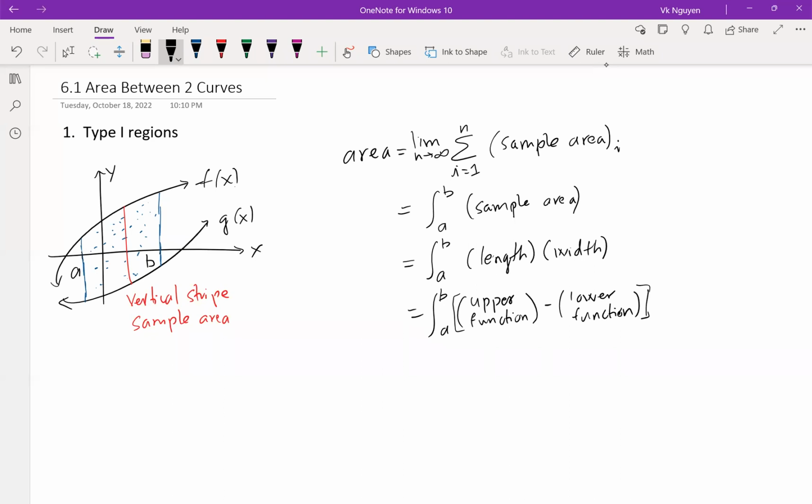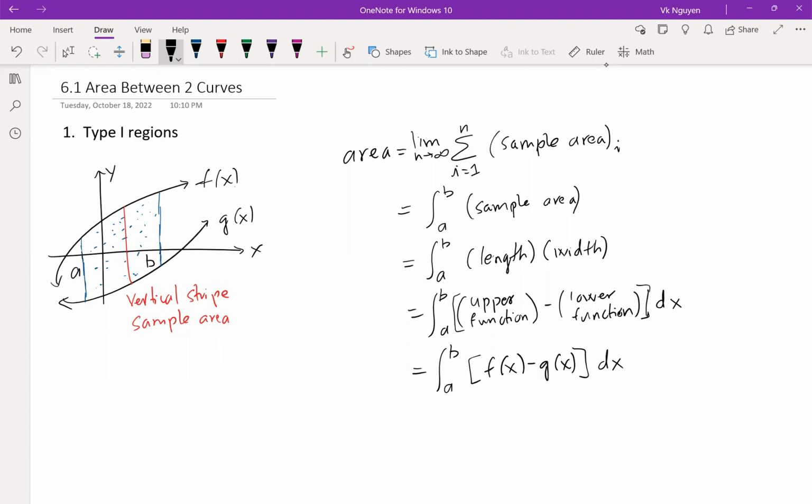The width is a small change in x, dx. In this particular picture, it would be the integral from a to b. The length is f(x) minus g(x), and the width is dx.